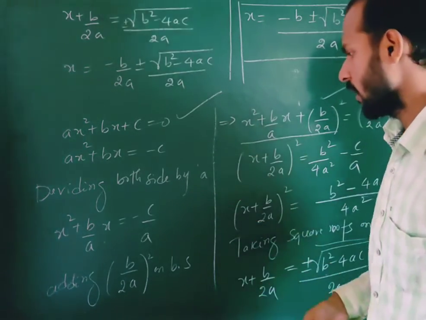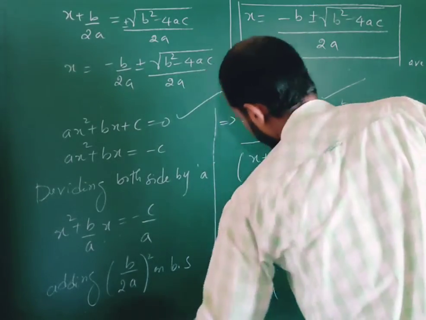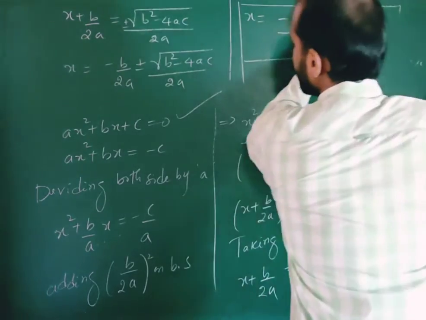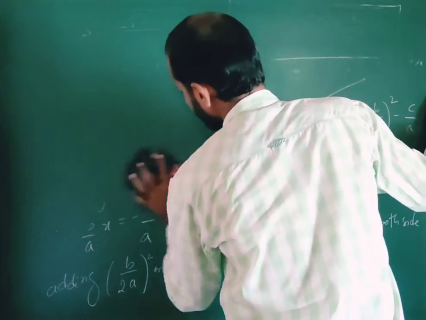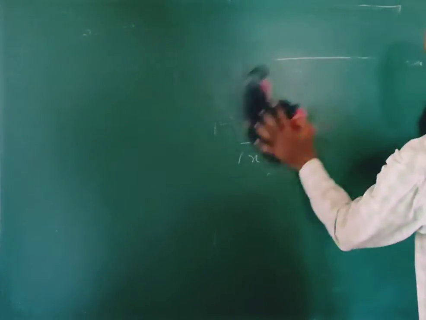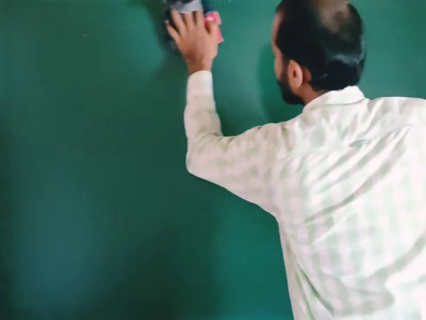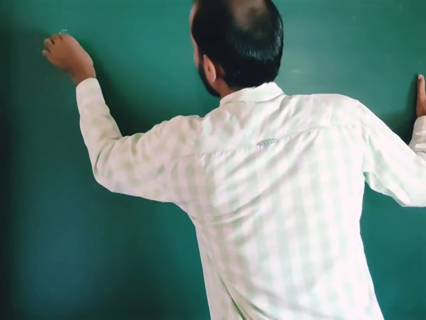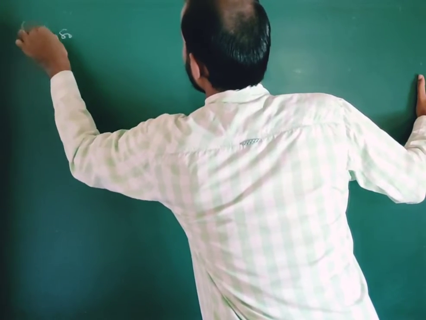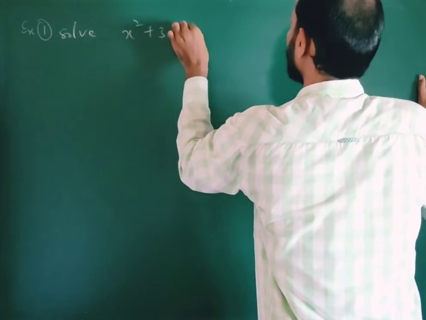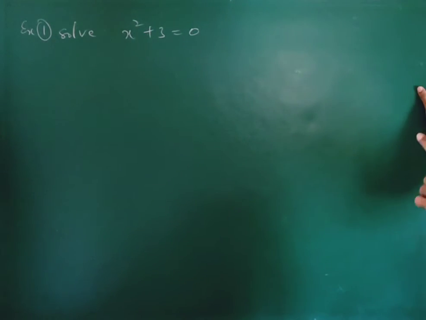Let's see some examples based on this root formula, right? The first example is to solve x square plus 3 equals 0. Here it is a quadratic equation, but it's very simple.